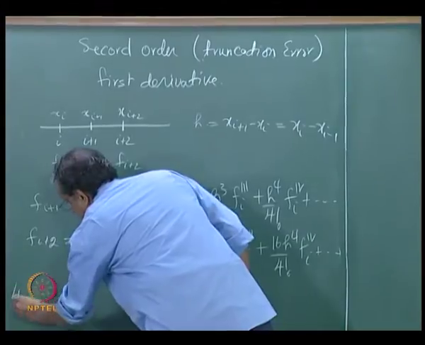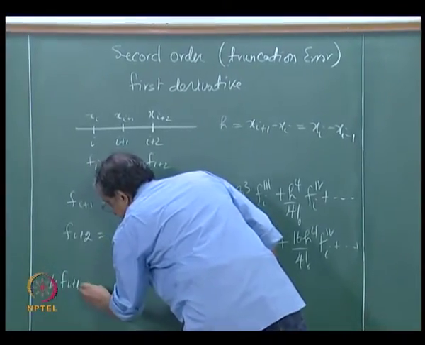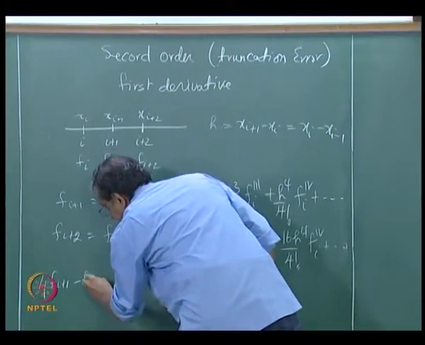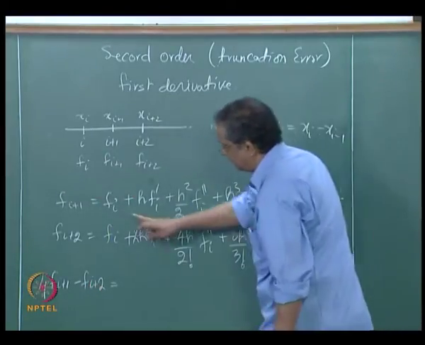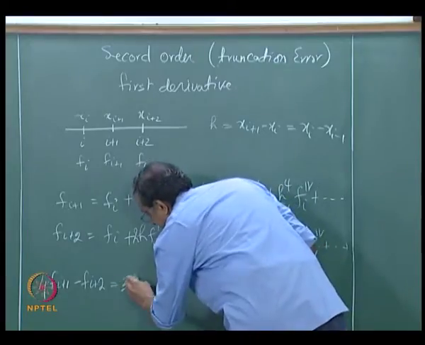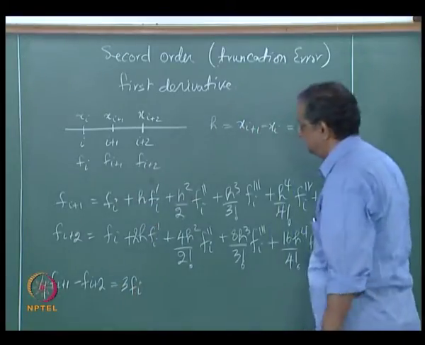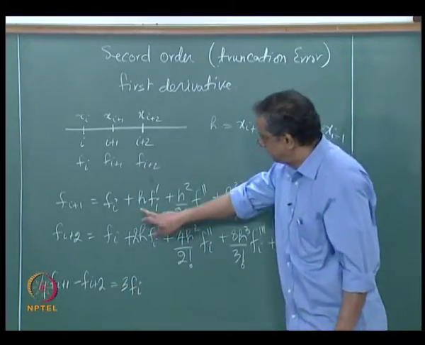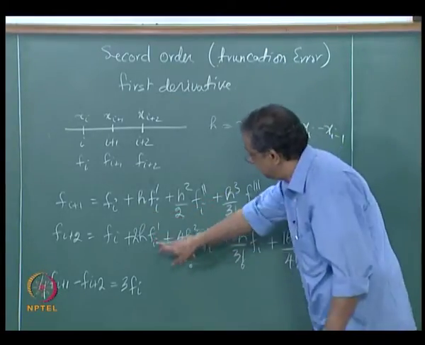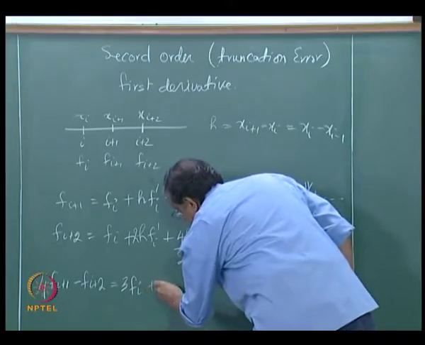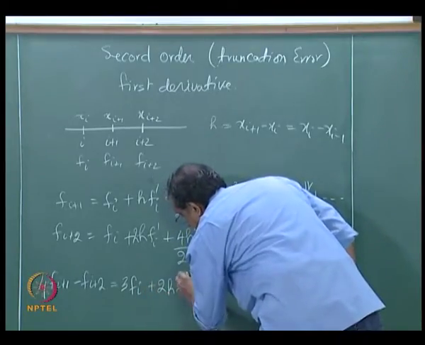So 4 f_{i+1} minus f_{i+2} is 4 f_i minus f_i, which is 3 f_i, plus 4h f prime, minus 2, that is plus 2h f prime at i.